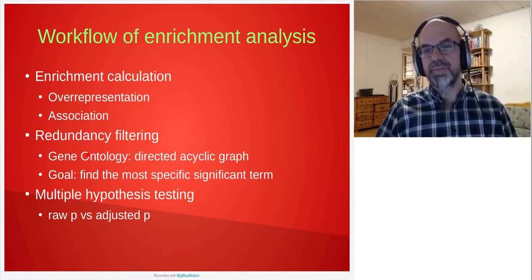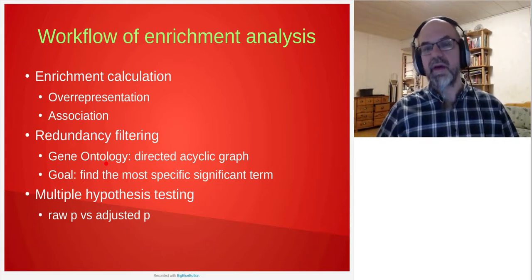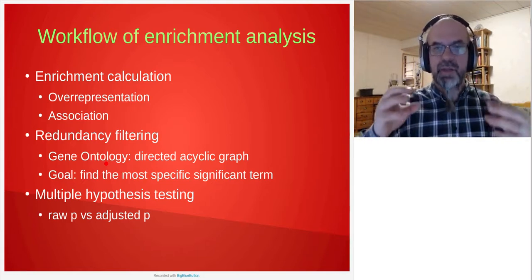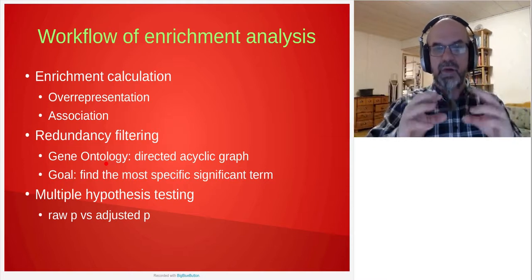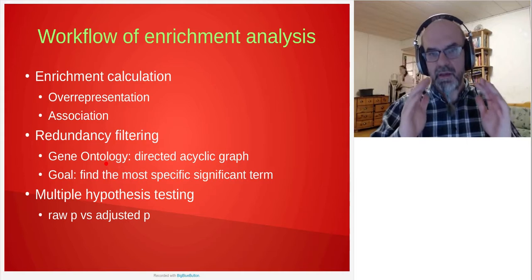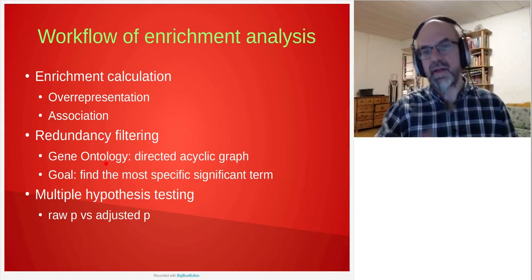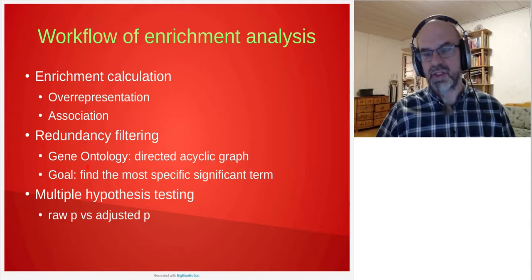For example, in case of gene ontology, you take into account the structure of this directed acyclic graph, and you try to climb down the ontology structure to find the most specific terms which are still significantly associated with your gene list.